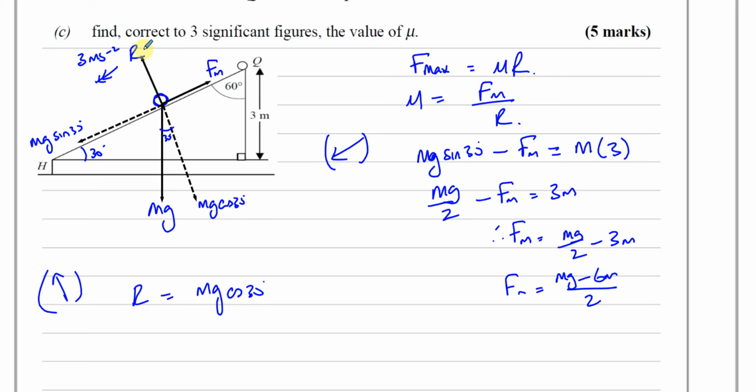Here there's no acceleration in this direction, so the force up and the force down perpendicular to the plane are both equal to each other. So we know cosine of 30 is going to give us root 3 over 2. So R equals root 3 over 2 times mg. All right, that's what R is.